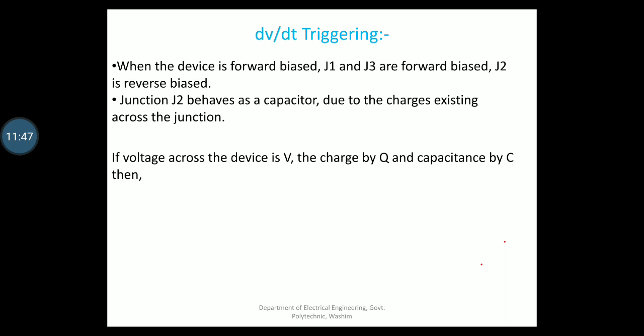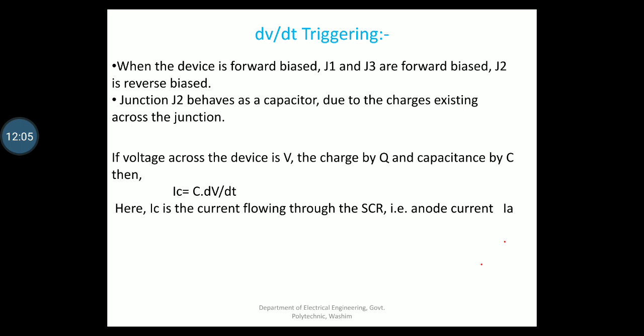Now if we consider the voltage applied across the device is V and the charge is denoted by Q and the capacitance by C, then the equation of charging current is IC is equal to C multiplied by dV by dt. Here the IC is the current flowing through the SCR, or again we can say it is the anode current IA.